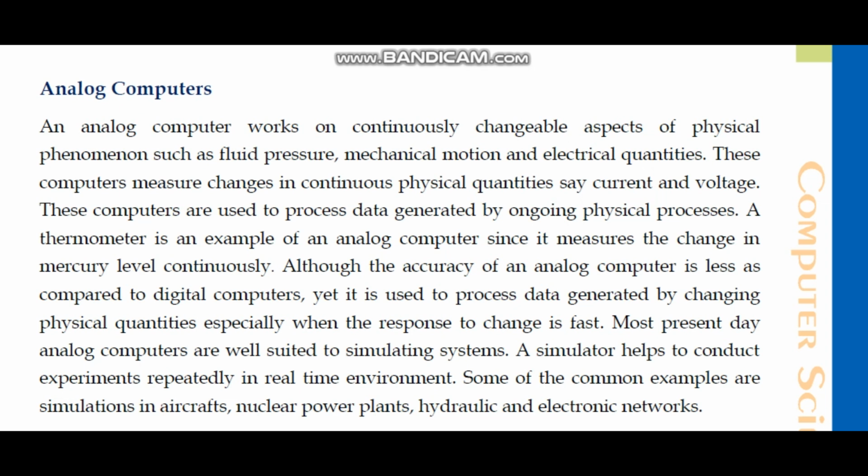In a simulation application, outputs from the analog computer may be used as input voltages to another electrical system.